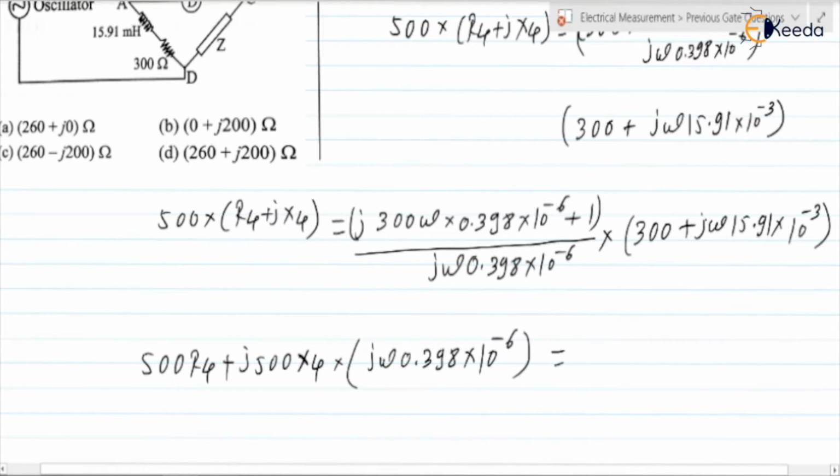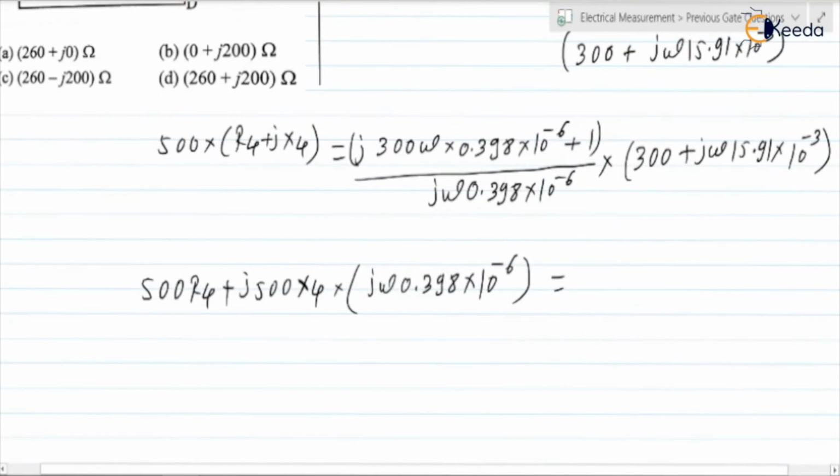So it is 300 into 4000 into pi into 0.398 into 10 to the power minus 6, into this 300.